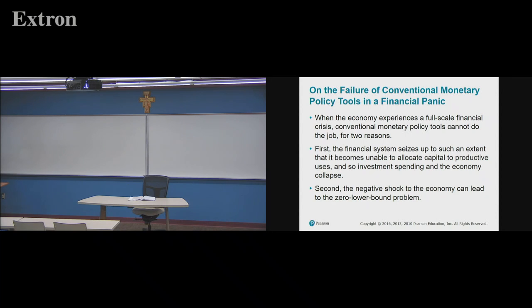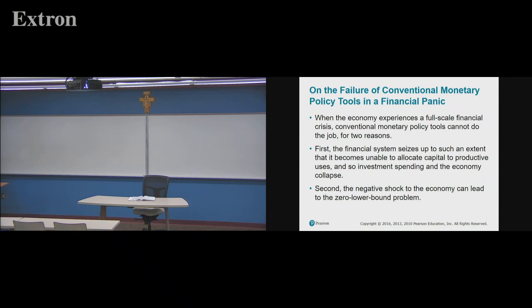And when people or firms are defaulting on their loans and going bankrupt, banks are less likely to lend to firms and consumers because they're afraid they won't be paid back. It's a very rational response by the banks, but their rational responses combine to make the economy much, much worse.